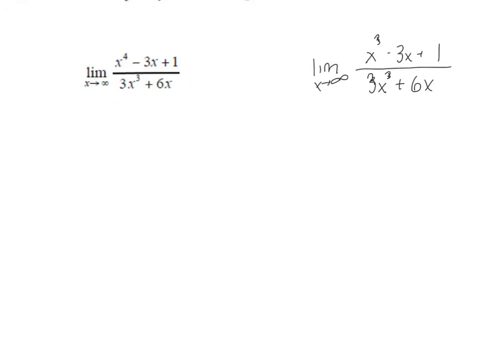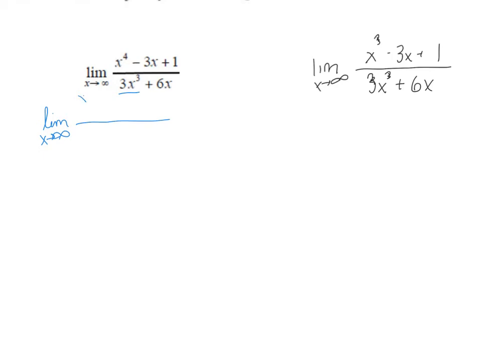All right, so what we do when we have problems of this nature is that we want to determine what is happening at the horizontal asymptote. And so the technique for this is to find the largest exponent in the denominator. That's important, the denominator, not necessarily in the whole problem, but in the denominator. And then we want to divide every term by that.